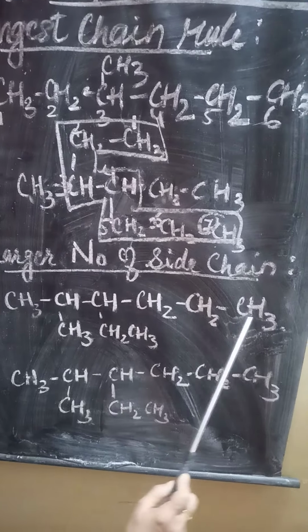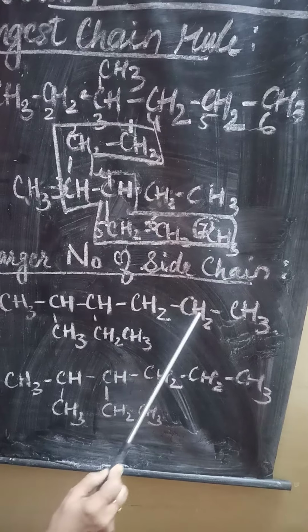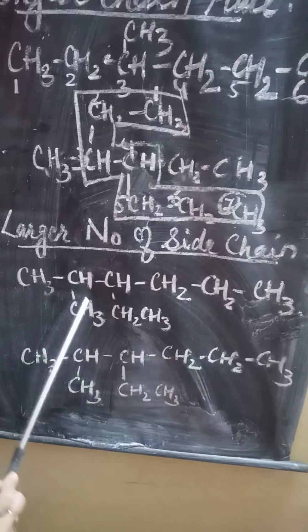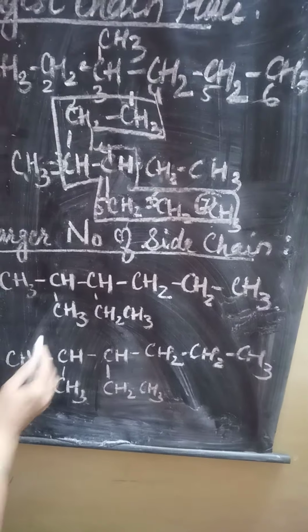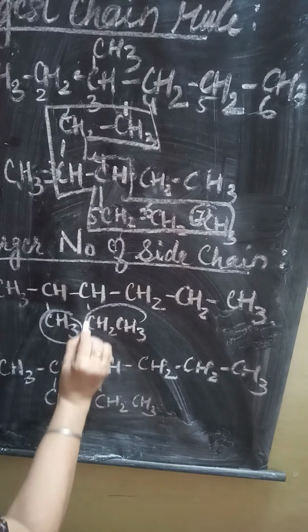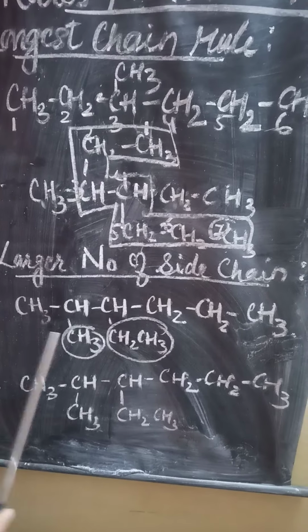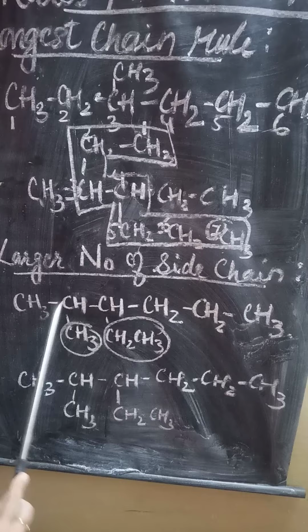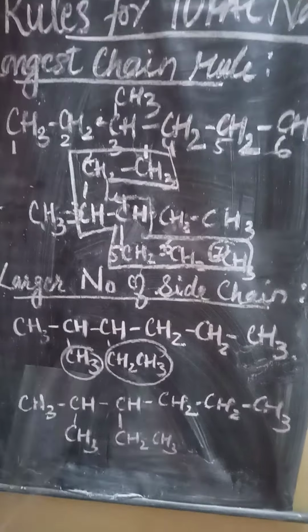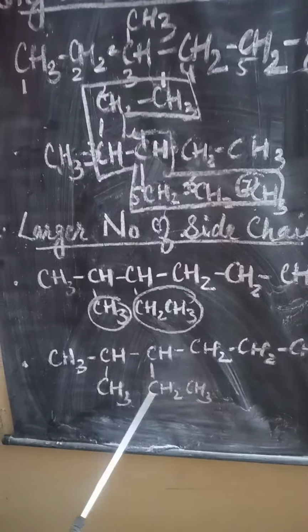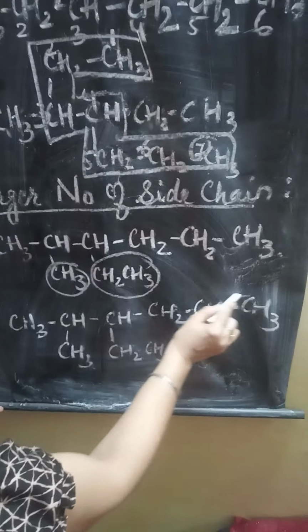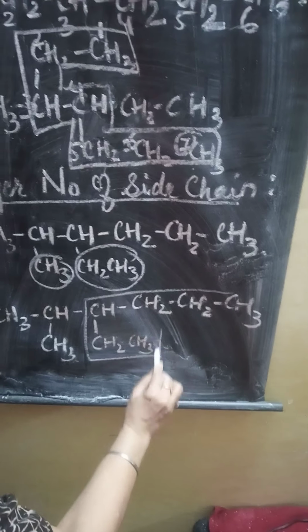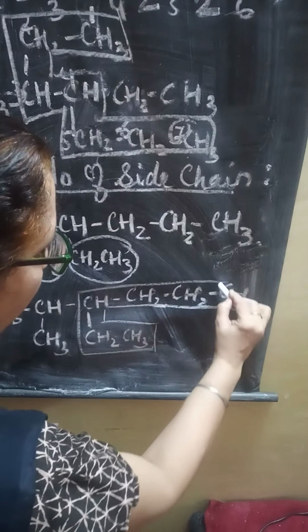If I select the longest chain, see, 1, 2, 3, 4, 5, 6. There are 6 carbons, and there are 2 substituent groups attached. This is the first example, and see the second example: 1, 2, 3, 4, 5, 6. This is also one of the chains, which has 6 carbons.